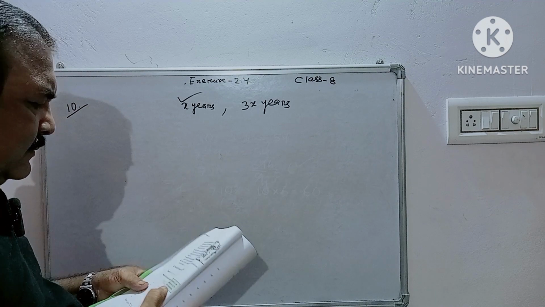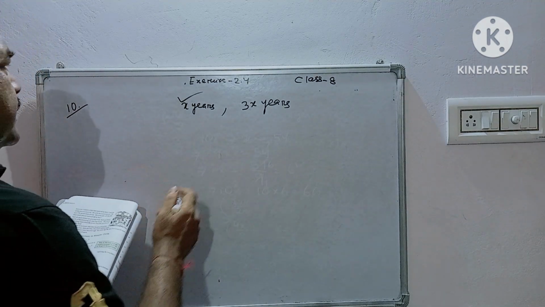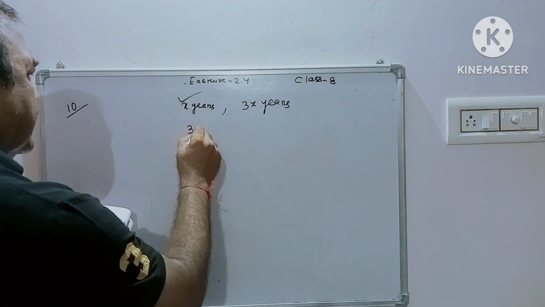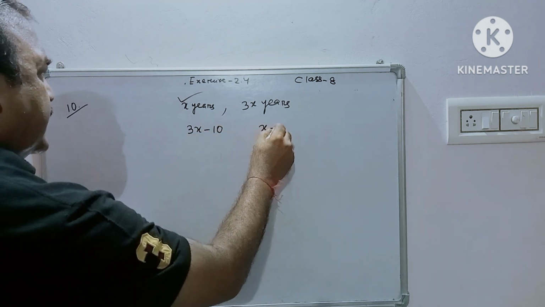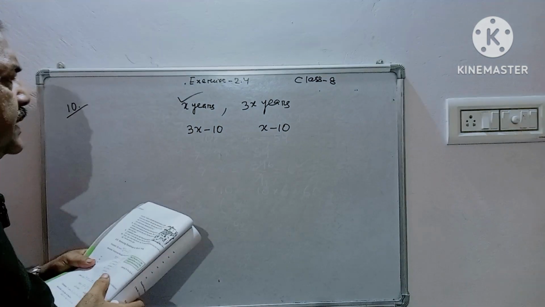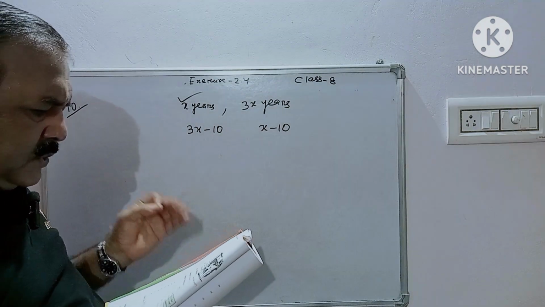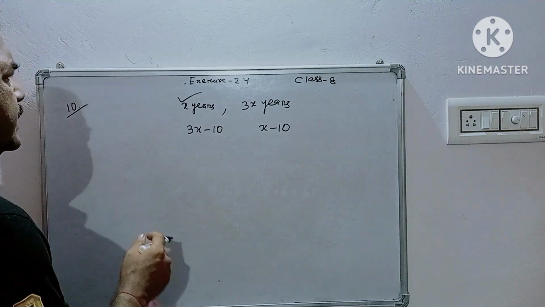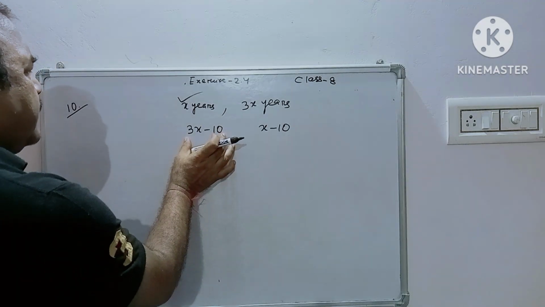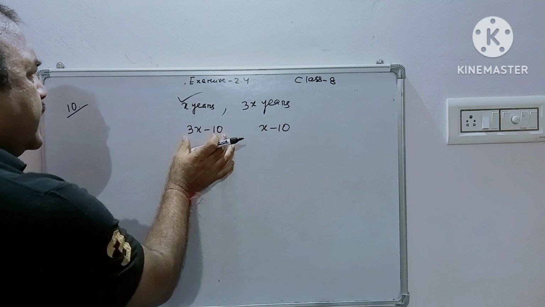10 years ago, that means 3x minus 10 years. Here x minus 10, that of the son. So 10 years ago he was 5 times his son's age. So before 10 years, what was the age of his father Aman? 3x minus 10 years.